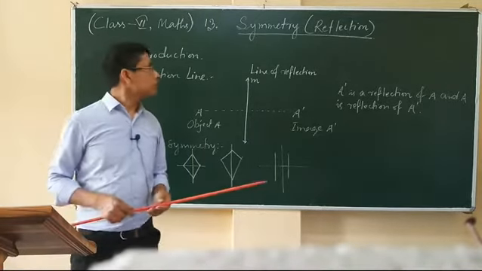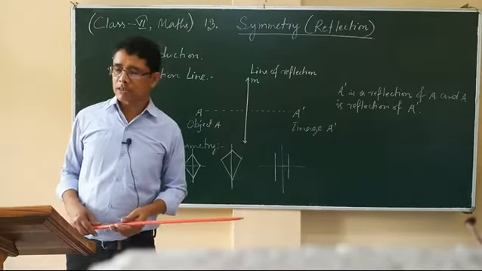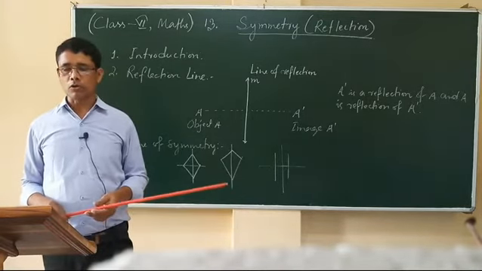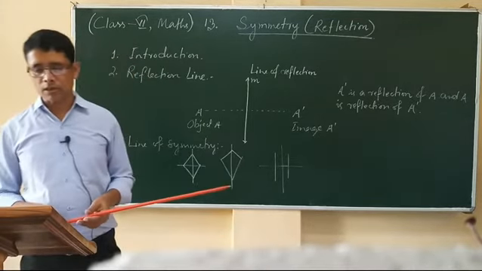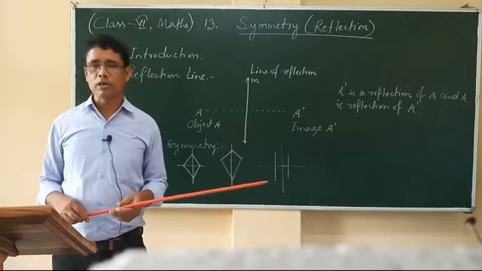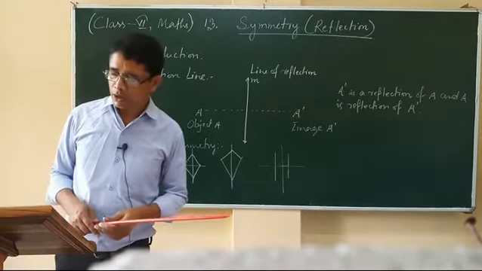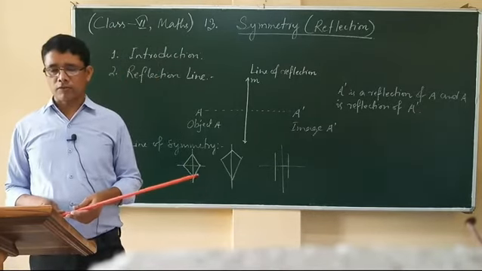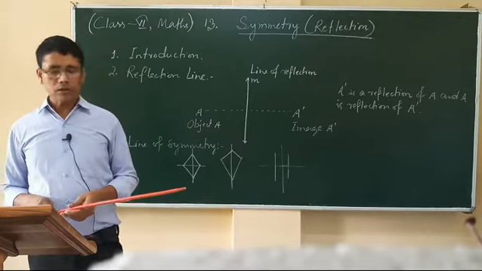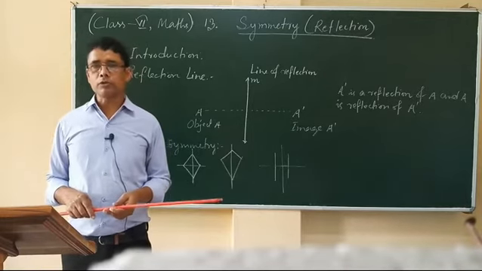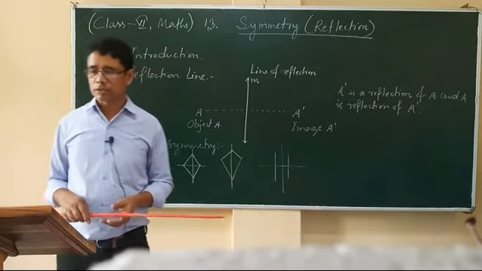Then we will come to the line of symmetry. What does it mean? A figure has a line of symmetry or reflection symmetry if it can be reflected across a line so that the image coincides with the object. That means, if we can reflect across a line so that the image coincides with the object, then that line will be called the line of symmetry.